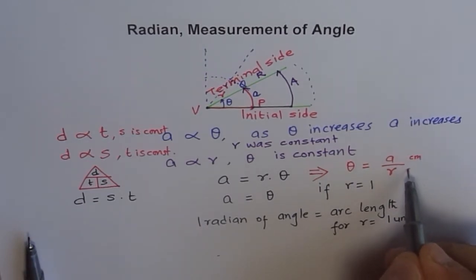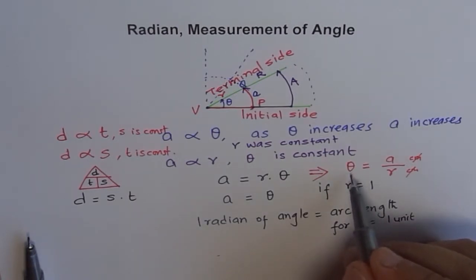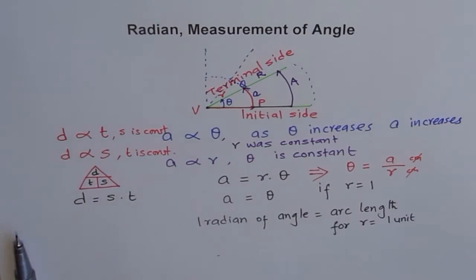So they cancel out. So basically theta is a ratio of lengths, so it doesn't have any particular unit. We have named a unit as radian, but in true sense, it is not centimeter or centimeter over centimeter or something else. It is actually without any unit. It's a ratio.